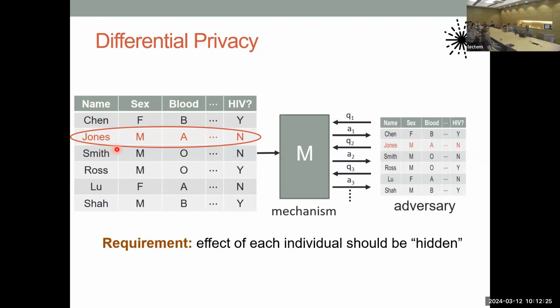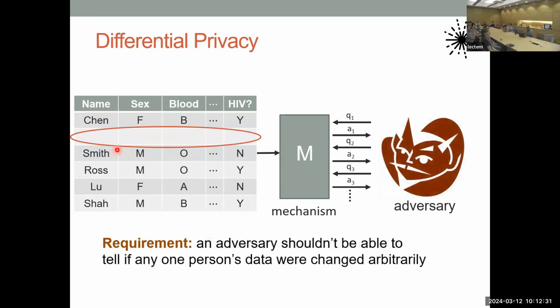Imagine any one individual in the data set that the adversary might be trying to learn something about, and imagine erasing their data from the data set. Right? And then differential privacy requires that the adversary shouldn't be able to tell the difference between what they see in the real world when that person's in the data set and a hypothetical where we remove that person's data from the data set, or potentially replace it with arbitrary other values.